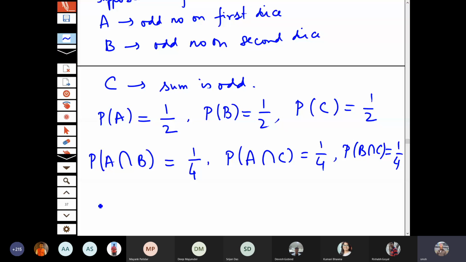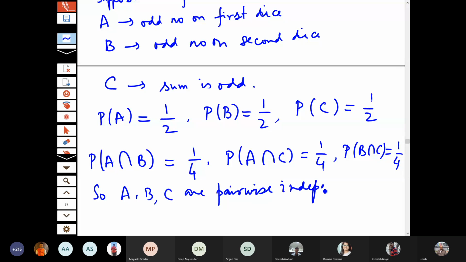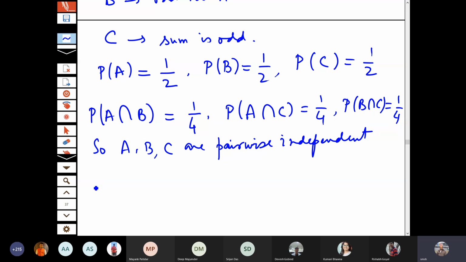So A, B, C are pairwise independent. But if I look at probability of A intersection B intersection C, that is 0.